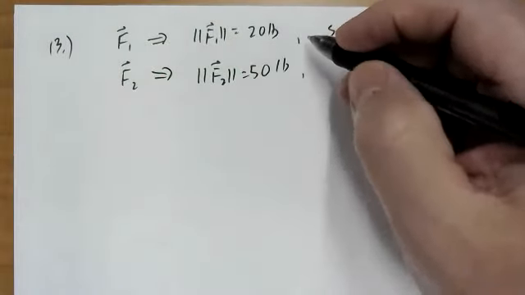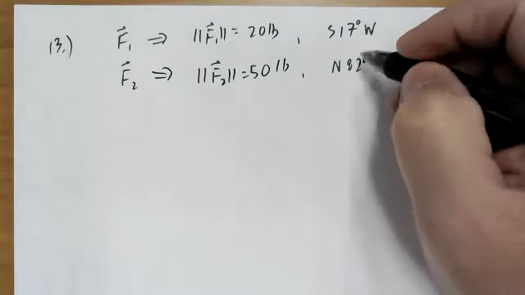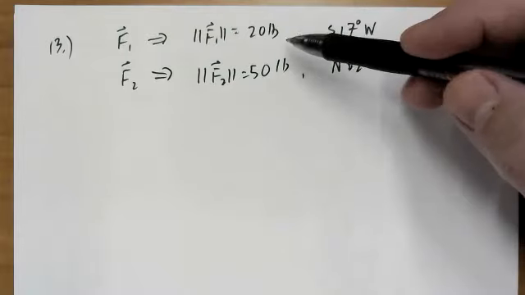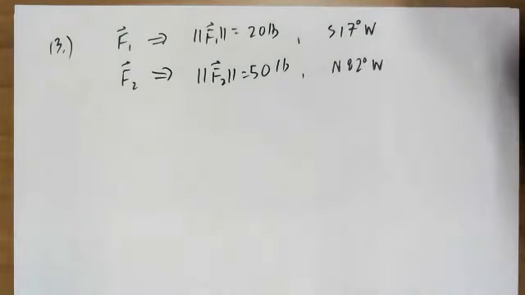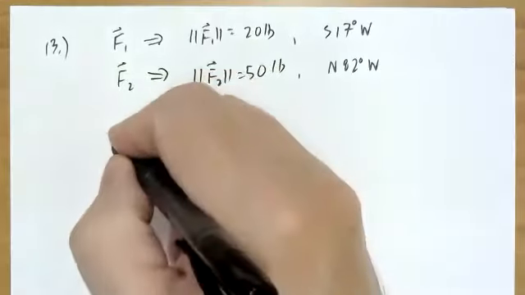And then its direction is north 82 degrees west. Let me draw a sketch with these vectors, and then we'll talk about what we're supposed to try and find, and then we'll discuss how we're going to do it.